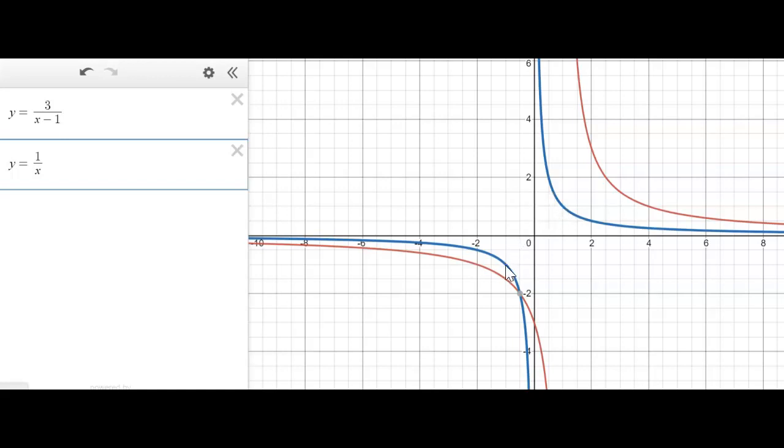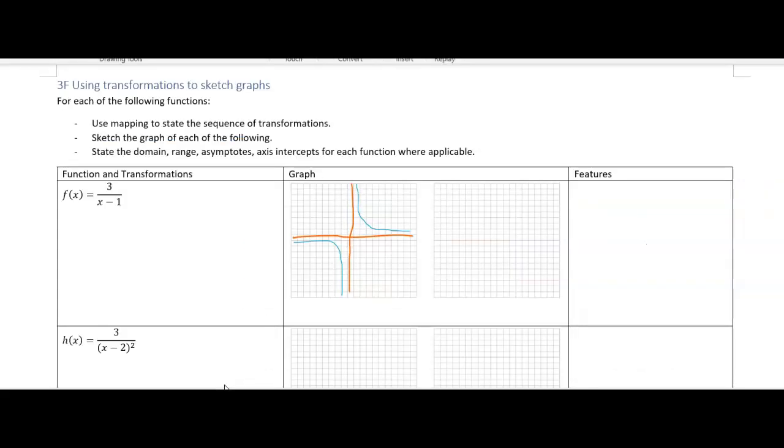Because I chose x equals 1, I'm going to do x equals -1 as well. So -1, -1. We're choosing those 2 points to do some mapping, to draw our red graph.